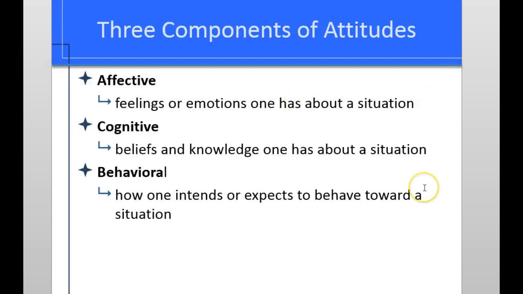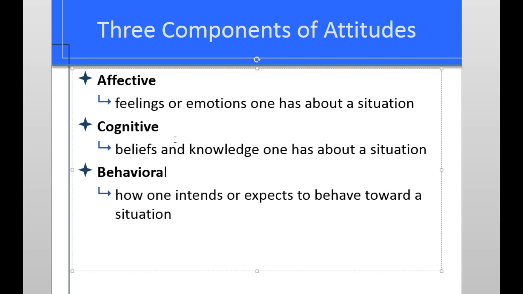The three components of attitude, especially if you're dealing with an employee with an attitude, is affective, their feelings and emotions one has about what's going on. What happened before they got to work? You've got to ask yourself that question. What are their feelings and emotions if they come into a situation? What are the beliefs and knowledge? What is their cognitive state?